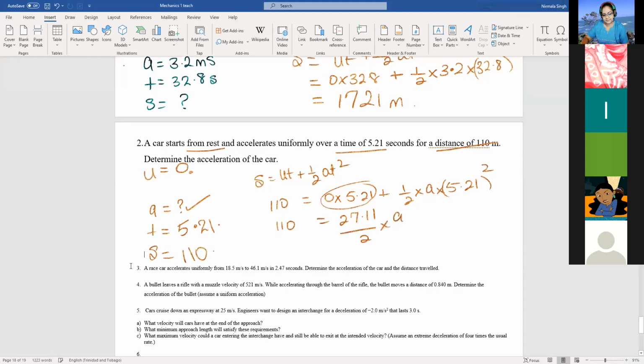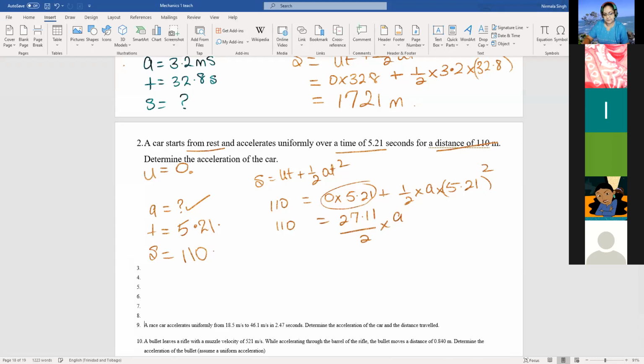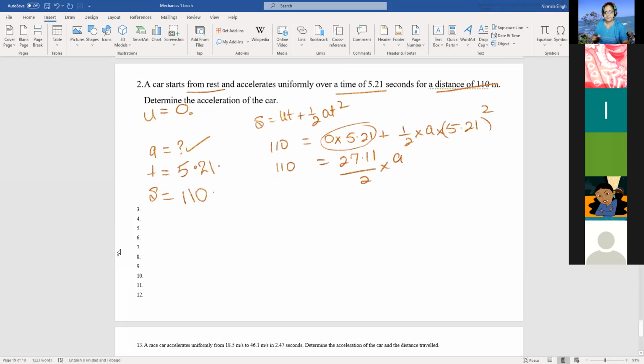All right, so that's to give us some more working space. 27.11 divided by 2 will be 13.57. Who is writing? Michelle, you just wrote on my screen, sweetie. Take it off. Thank you.